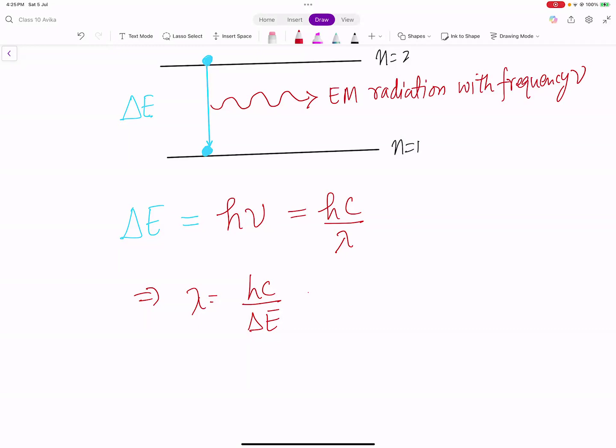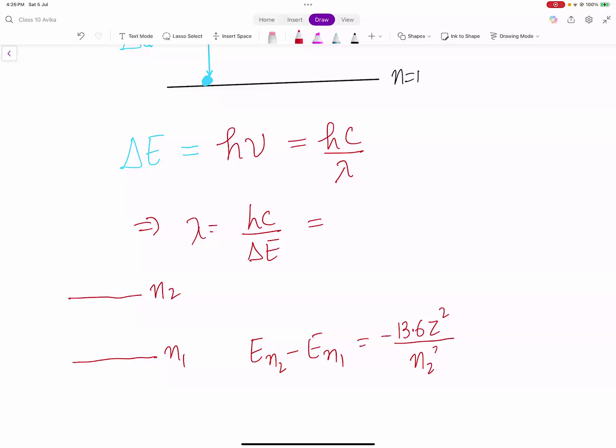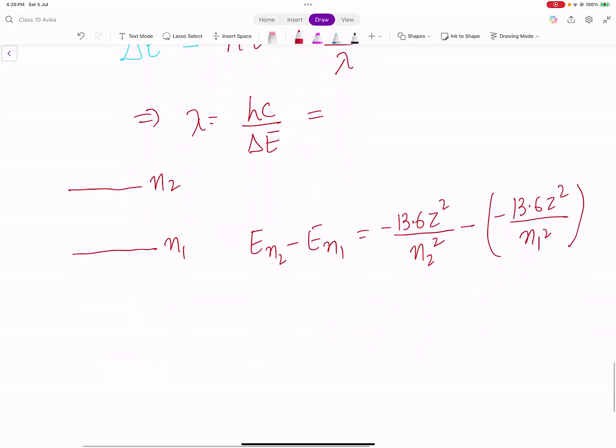Okay, let's now do something. If it is higher level n2 and this is n1, then En2 minus En1. En2 will be equal to minus 13.6 Z square upon n2 square, minus of minus 13.6 Z square upon n1 square. This is in eV we are doing, right?